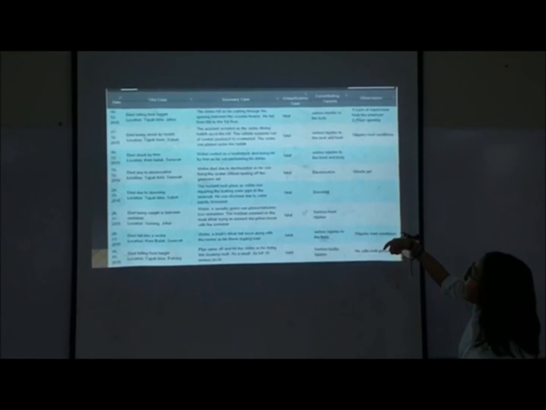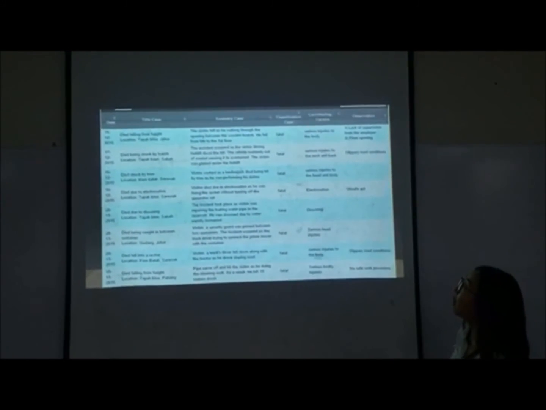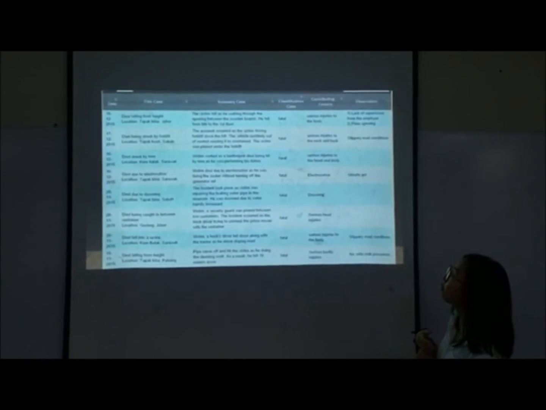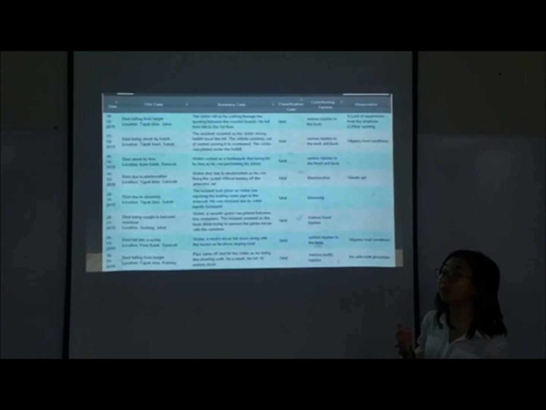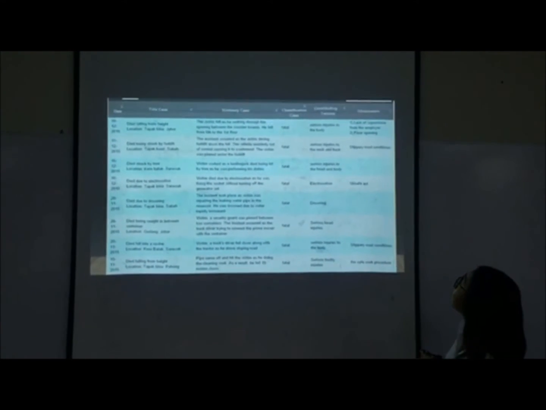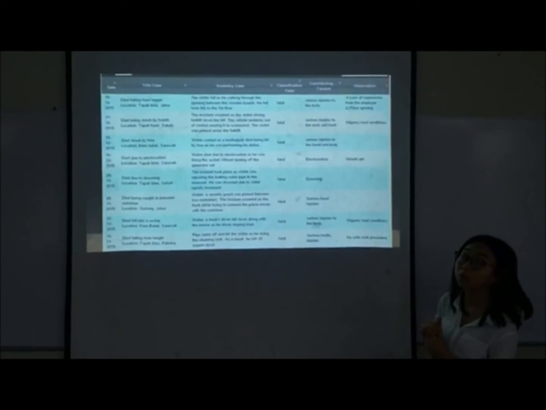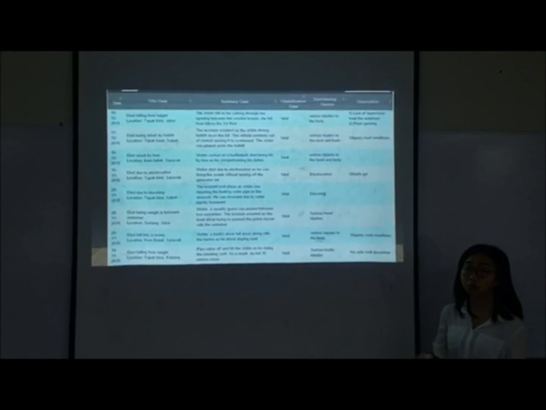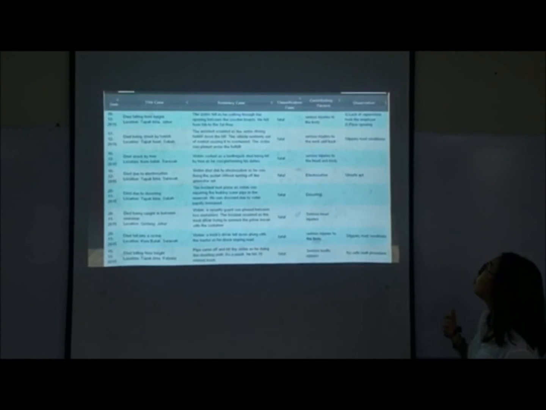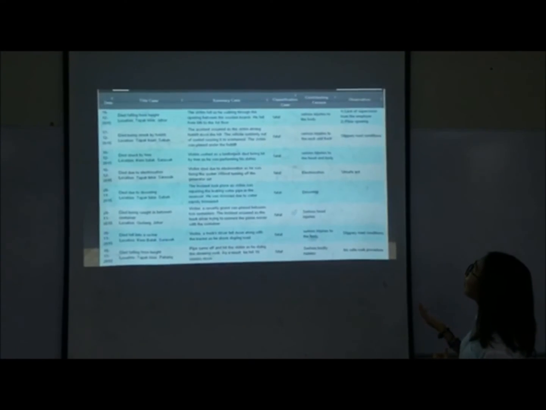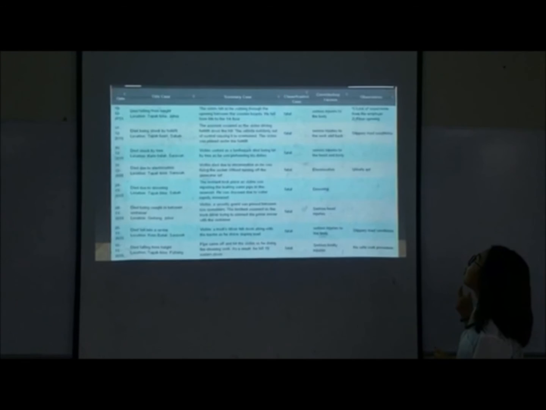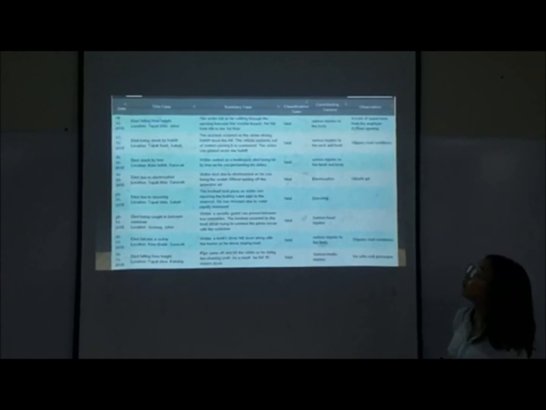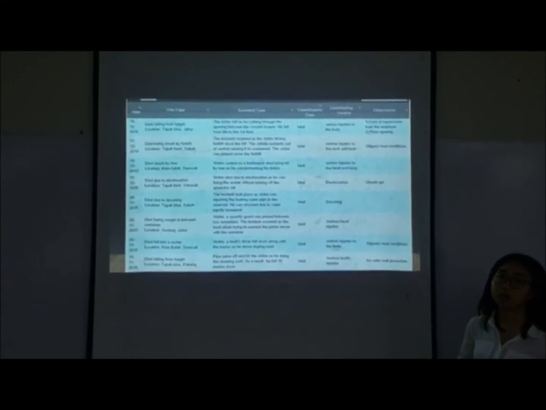From here we can see that the victim fell as he was walking through the opening between the wooden boards, and he fell from the 6th level to the 1st level. And then this caused serious injuries to the body. From the observation by the supervisor or manager, they found a lack of supervision from the employer, and the floor was open.